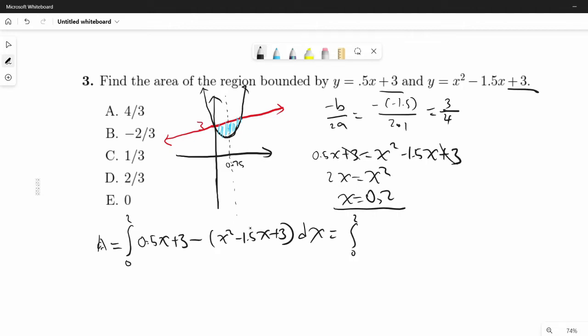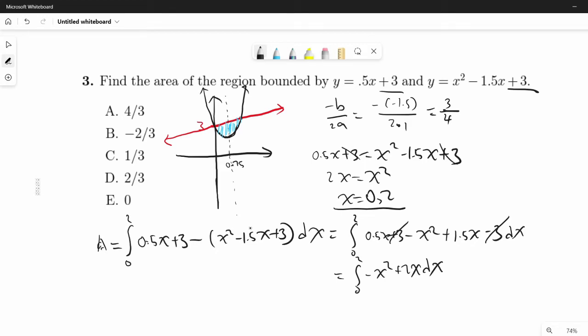Alright, we can further simplify this. We have 0.5x, just distributing the minus, minus 3. These two 3s cancel out. We have the integral of negative x squared plus 2x dx.